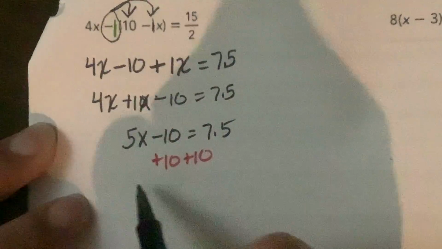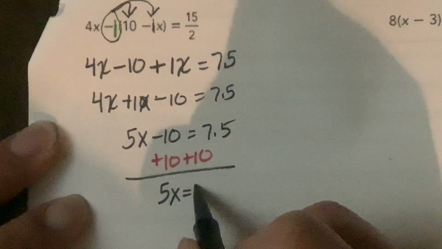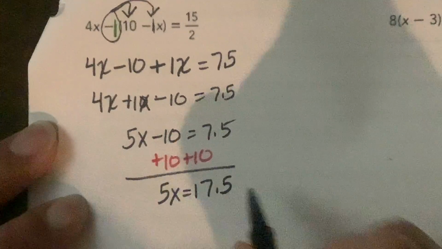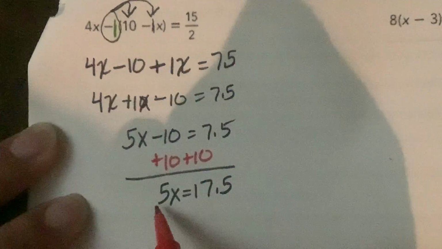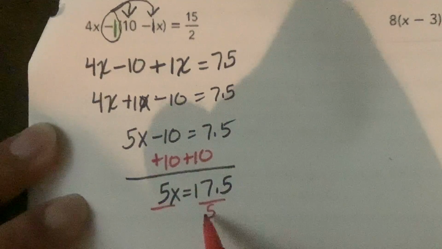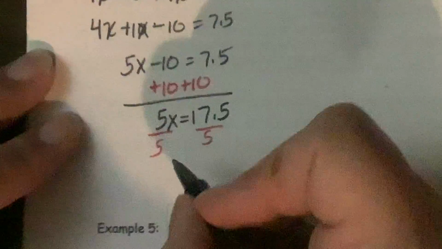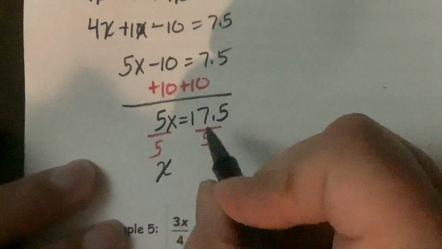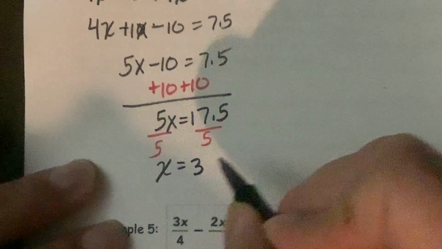And what do I get here? 5x equals 17.5. All right. Divide by 5. 5 divided by 5, 1x. And let's see, 5 goes into 17 3 times.